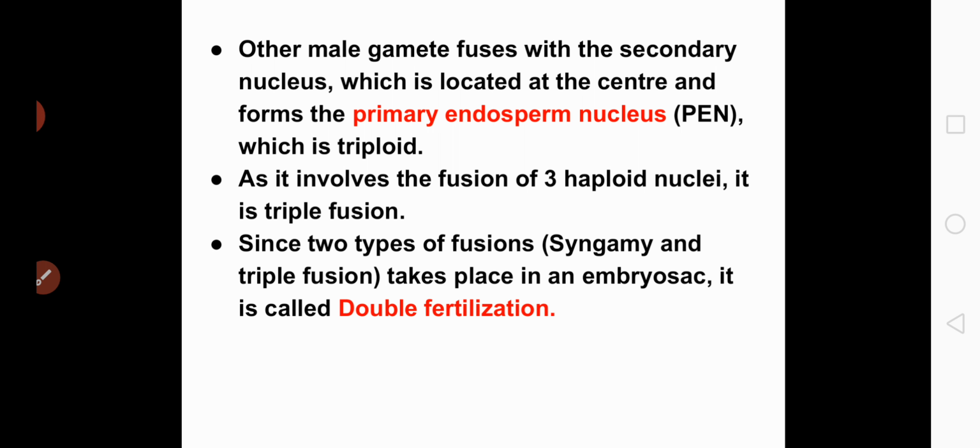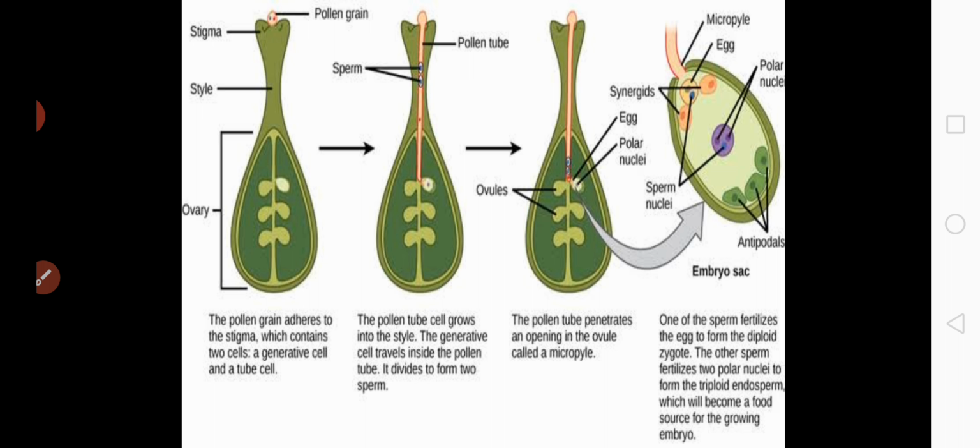Am I clear? Okay, this is the picture of double fertilization, where the pollen grain, by the process called pollination, is transferred from the anther to the stigmatic portion of the pistil, where it absorbs moisture and forms the pollen tube.